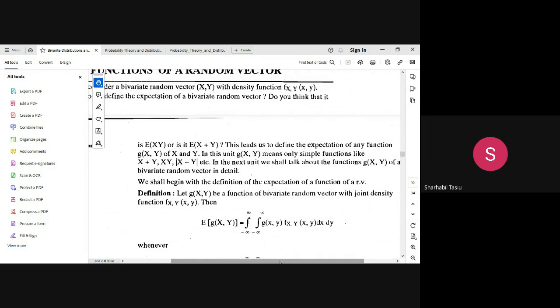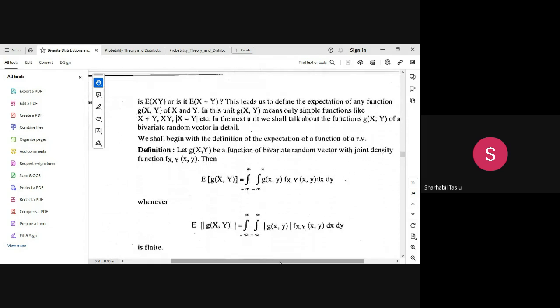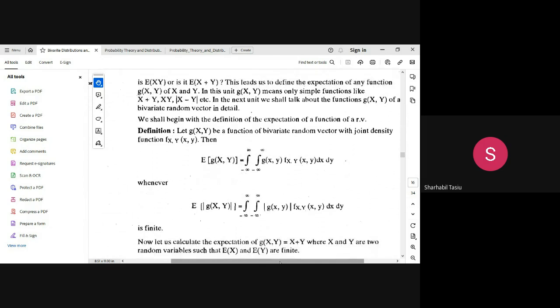To get the expectation of a random variable, which is the mean, just like we did in the univariate case, but here we have a bivariate random variable, we take the mean, which is the expectation of the function g of x comma y, a double integral, just like we did last week. The mean is actually the first moment.